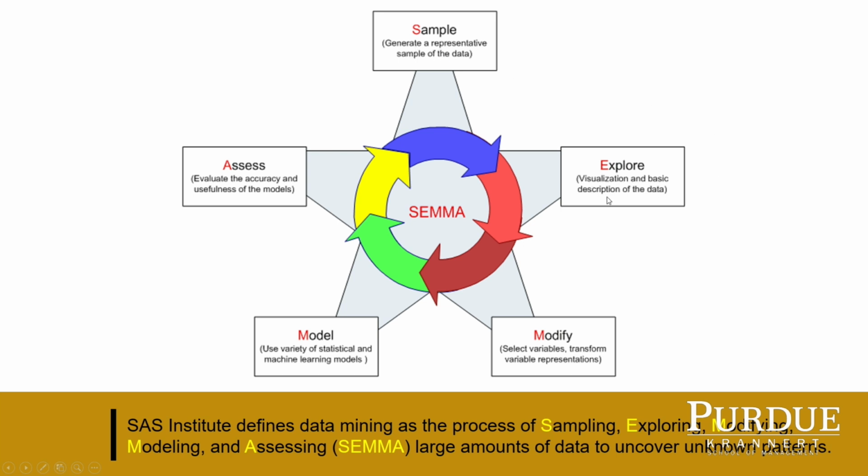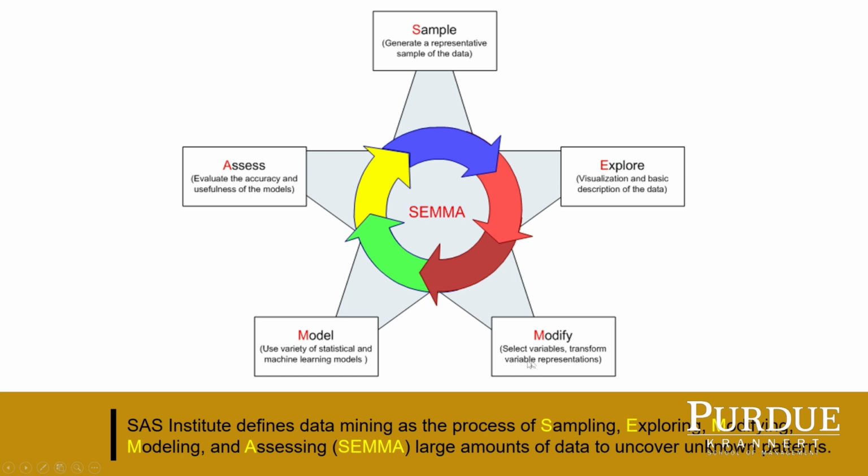And explore means we can use exploration of the data set to get some basic information or description of the data. And modify means we can select or transform variables, or we can also fill in missing values of the original data set.